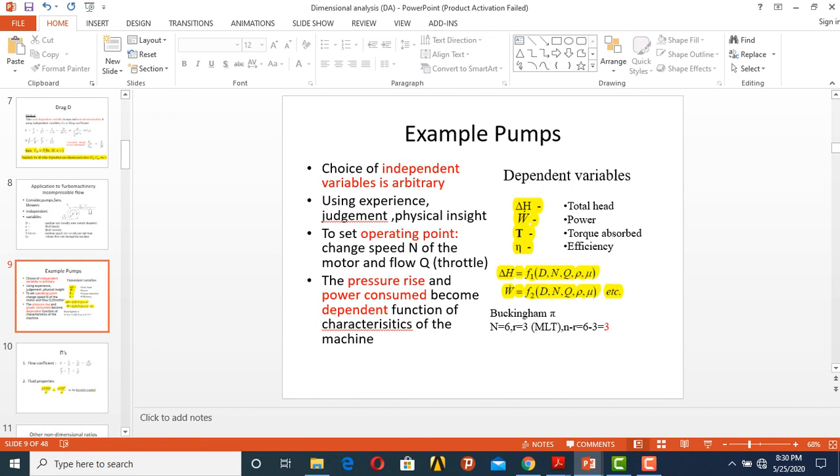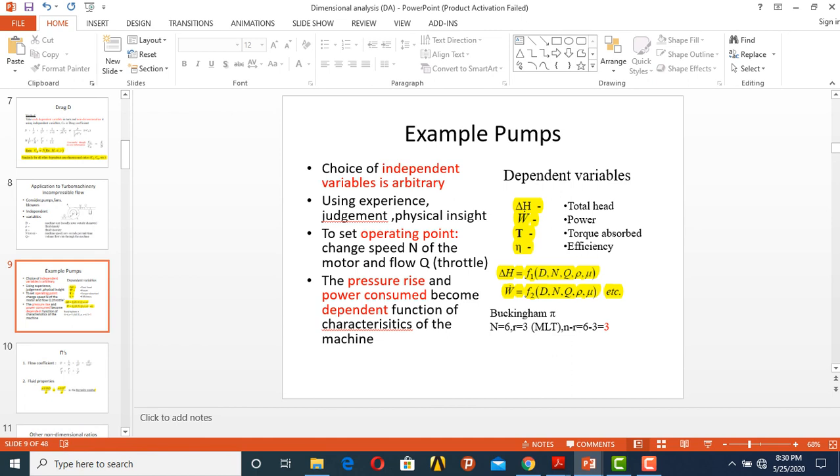So we can relate this where we say the total head of the pump is a function of these variables. It's a function of the diameter, the rotational speed, the volumetric flow rate, density, as well as the viscosity.